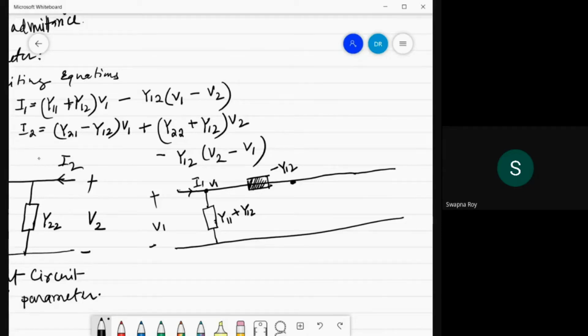So another point, another load. This node voltage is V2, and I'm writing here Y22 plus Y12.